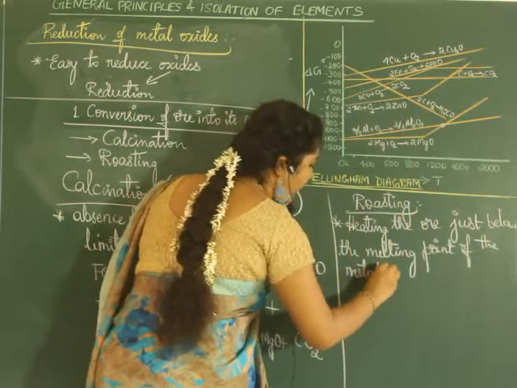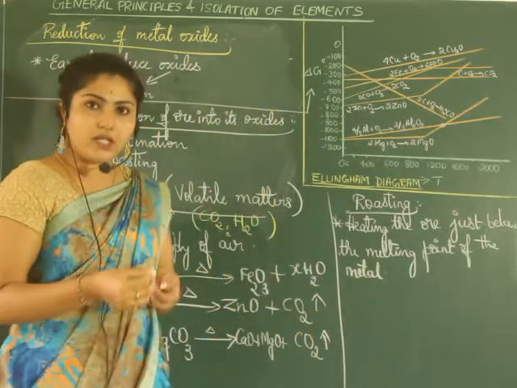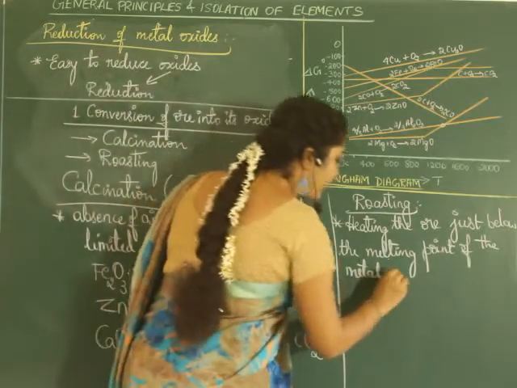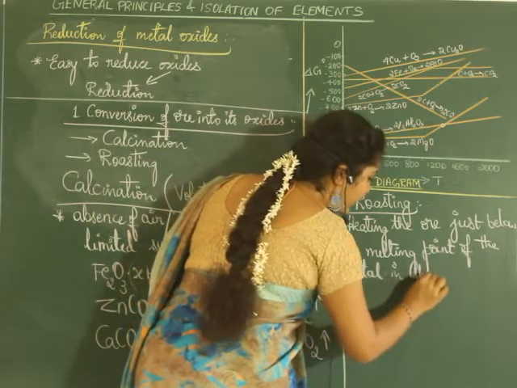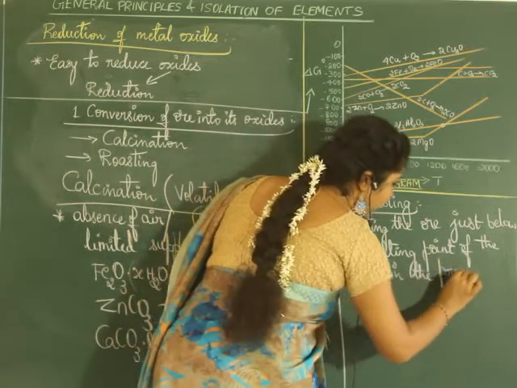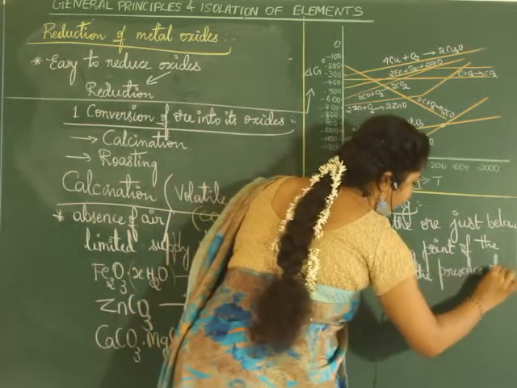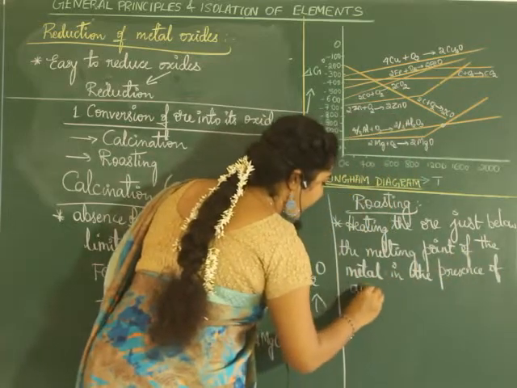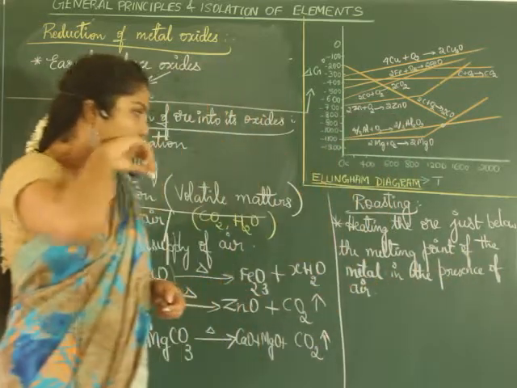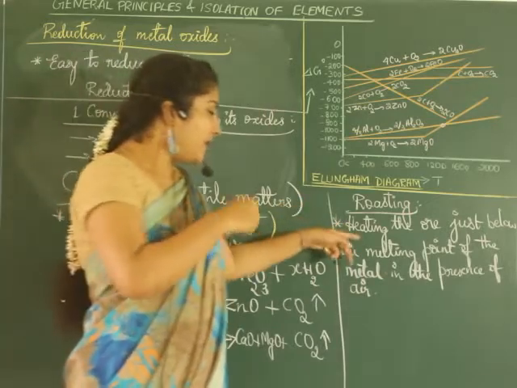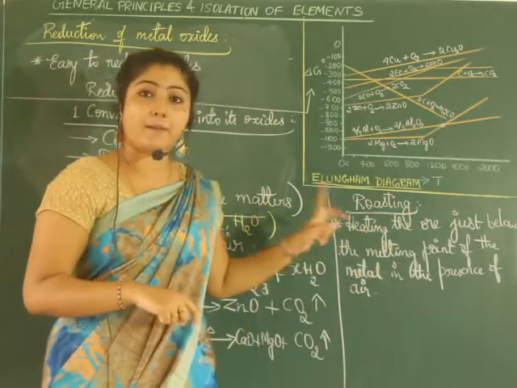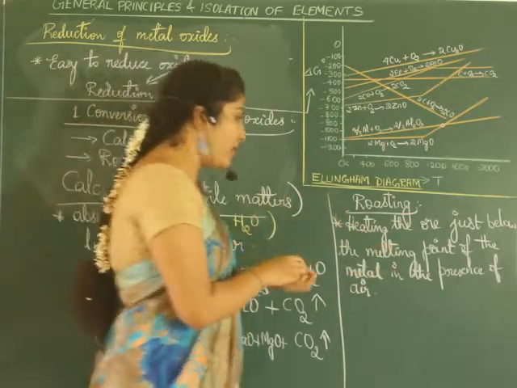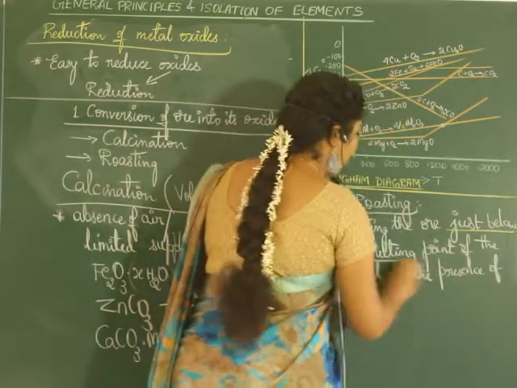So what are we doing? We will heat the ore in the presence of oxygen or in the presence of air. So here the ore is heated but just below the melting point. Remember this point, just below the melting point.